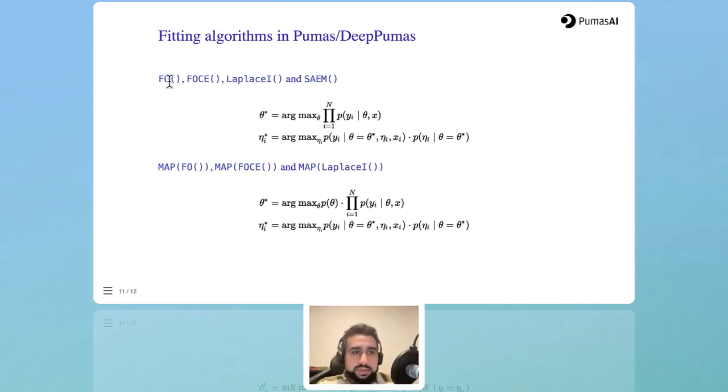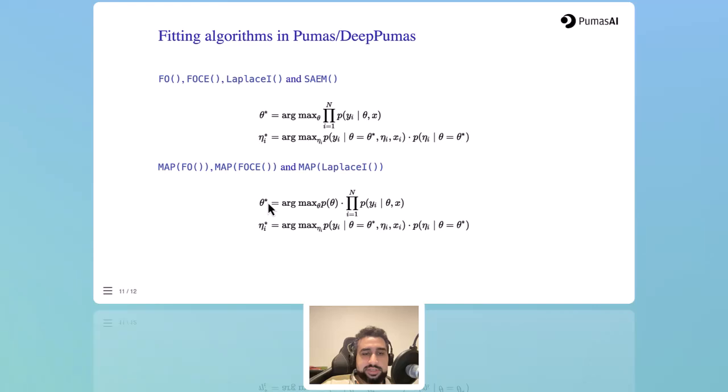Now the difference between the FO, FOCE, Laplace I, SAEM, etc., and the MAP version of that is that we add an additional term here to the first optimization, which is the prior distribution, or an additional regularization term, on the population parameters. So that's outside of this whole integration mess. It's just on the outside here, we add this additional term and then we maximize.